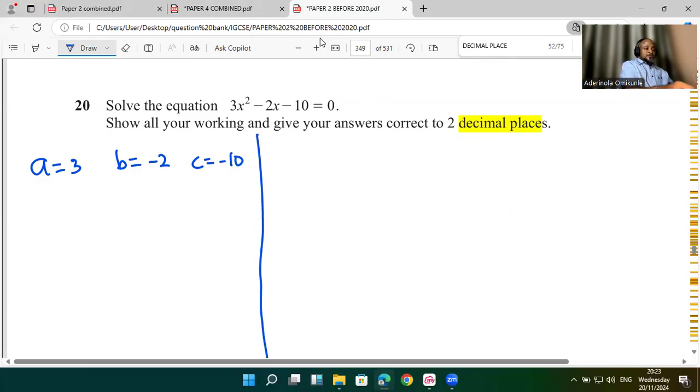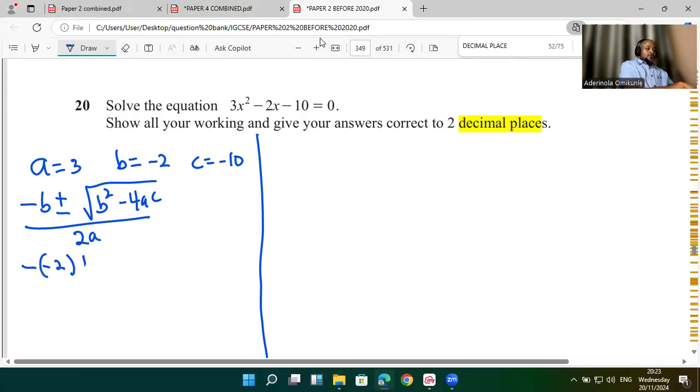Our formula is negative b plus or minus the square root of b squared minus 4ac, all over 2a. So this is minus negative 2, basically 2, plus or minus the square root of negative 2 squared, minus 4 times 3 times negative 10, divided by 2 times 3.